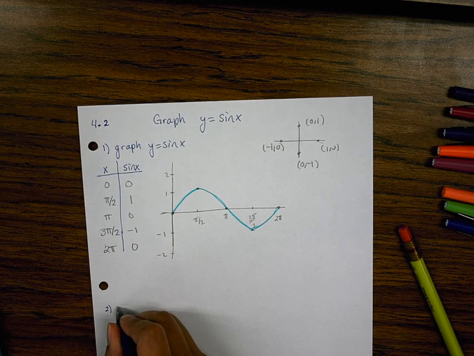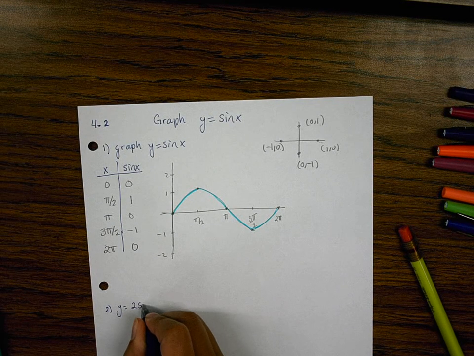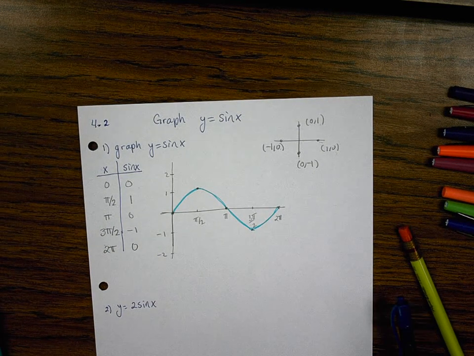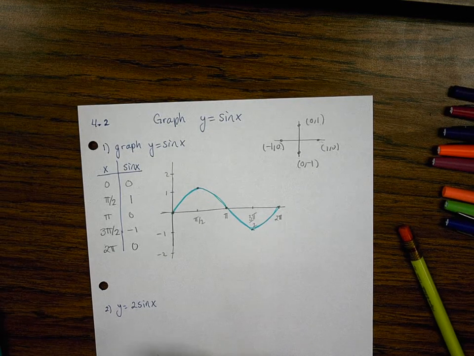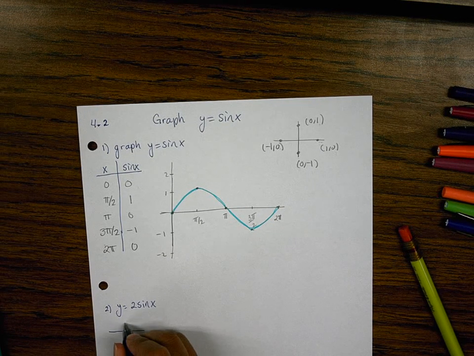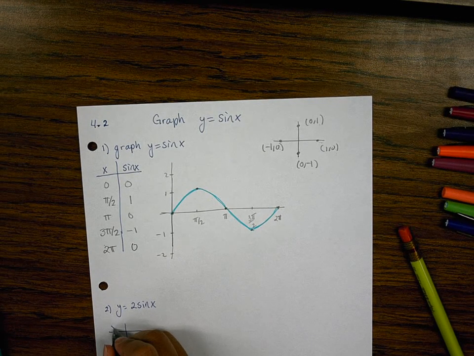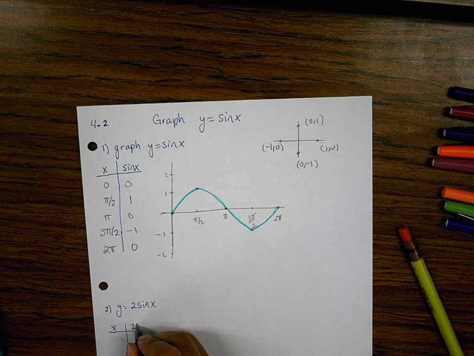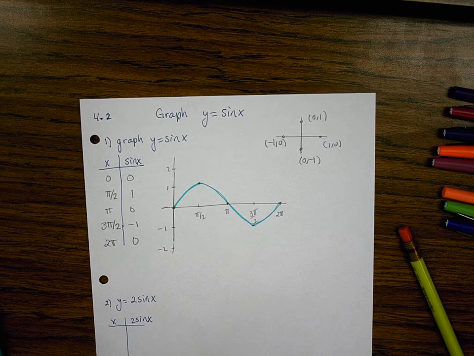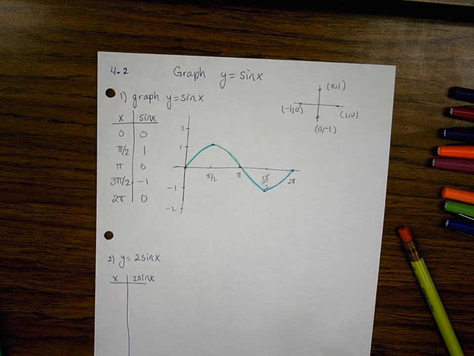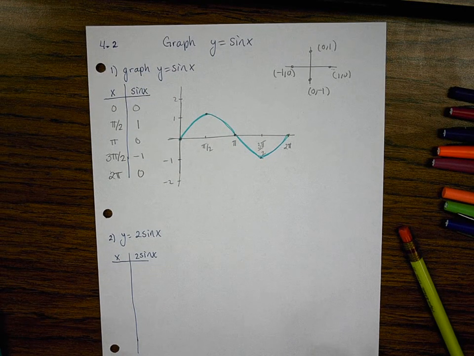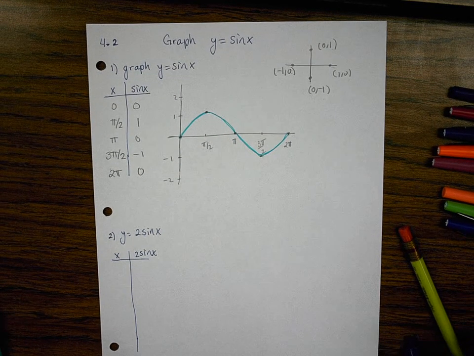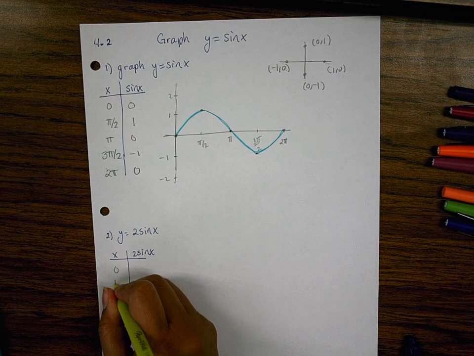Okay, on the same graph, we're going to graph number 2, y equals 2 times sine of x. Do you remember from last year what the 2 does to your graph? Well, if you don't remember, we're going to go through. If you do remember, we'll see if it truly does happen the way you thought.